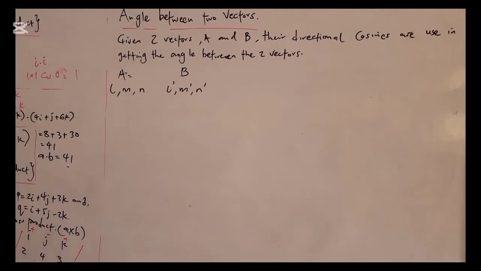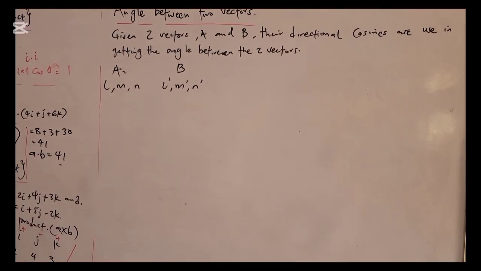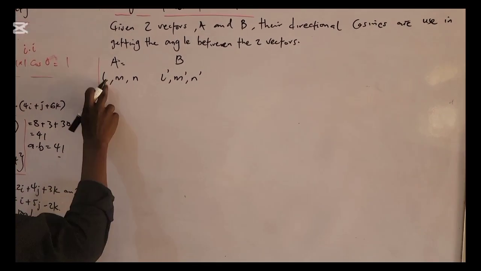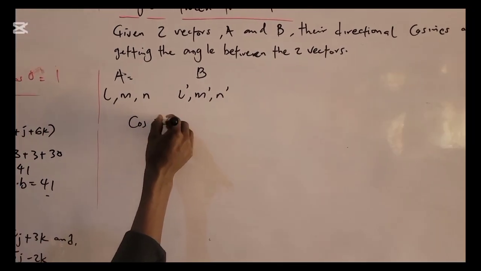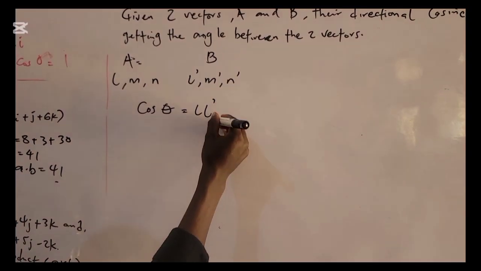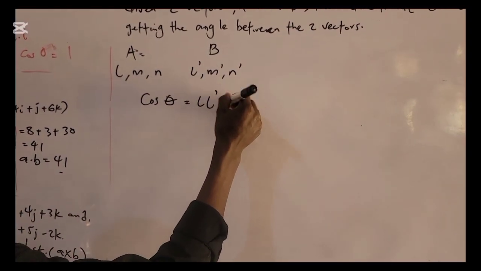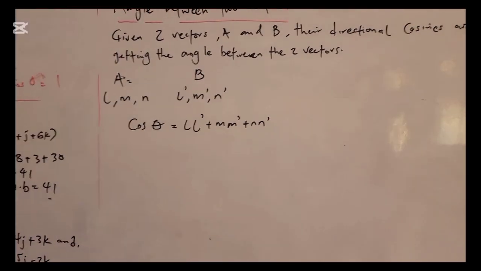So now when we are asked to find the angle between vectors, we have cos theta equals the sum of the multiplication of each of them. So cos theta equals l l prime plus m m prime plus n n prime.